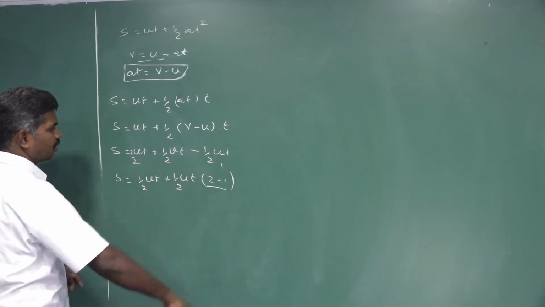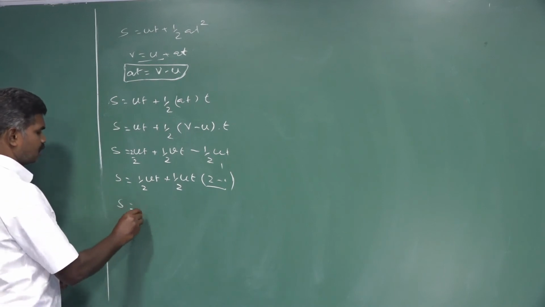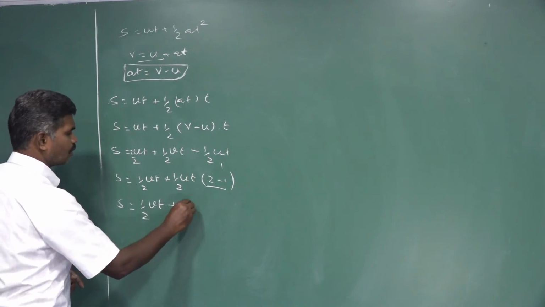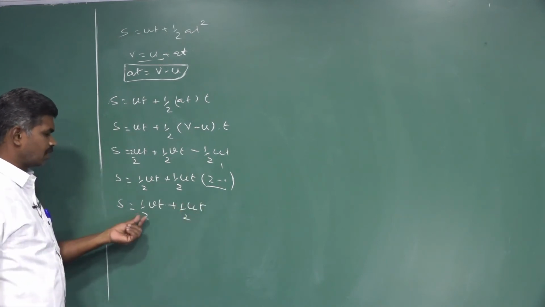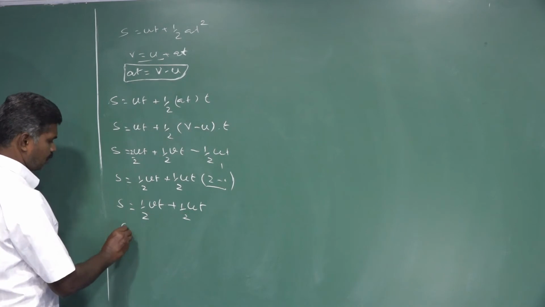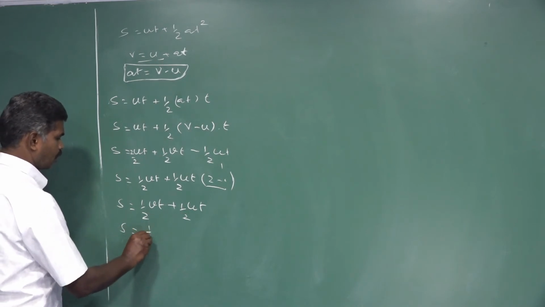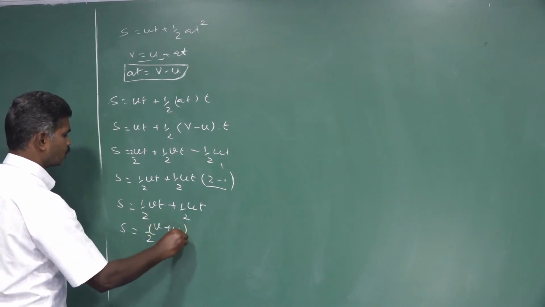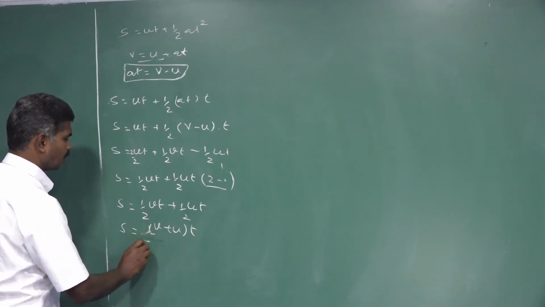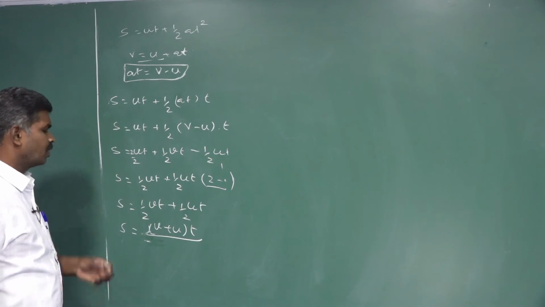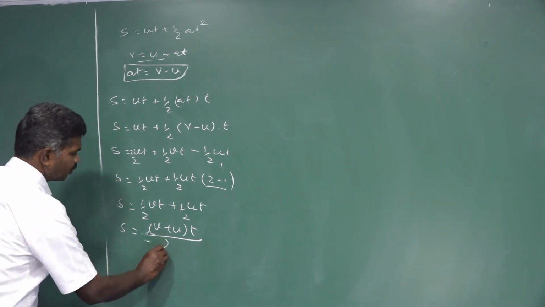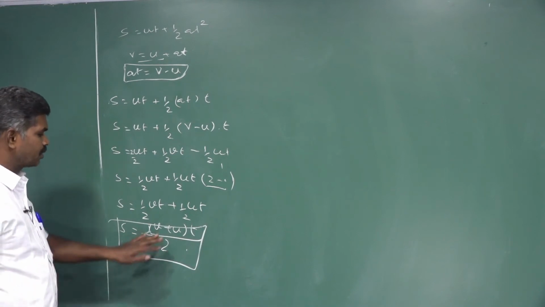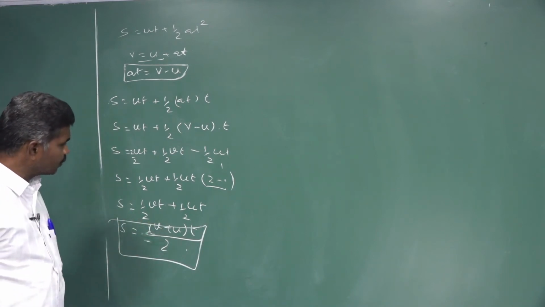The 2 minus 1 is nothing but 1. That's why s = 1/2 vt + 1/2 ut. Commonly, 1/2 and t are taken out: s = 1/2 (v + u) t. That's why we can write (v + u) divided by 2 into t, which is called the relation of the velocity with the displacement.